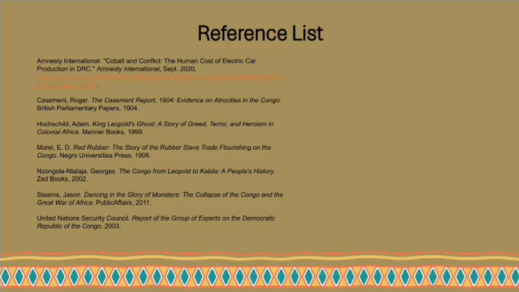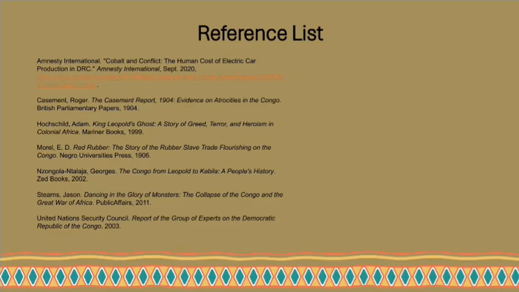The next one I used was called Red Rubber, which is the story of the rubber slave trade flourishing on the Congo by E.D. Morel. And it outlines the economic foundations and brutal reality of the rubber quota system in the Congo.